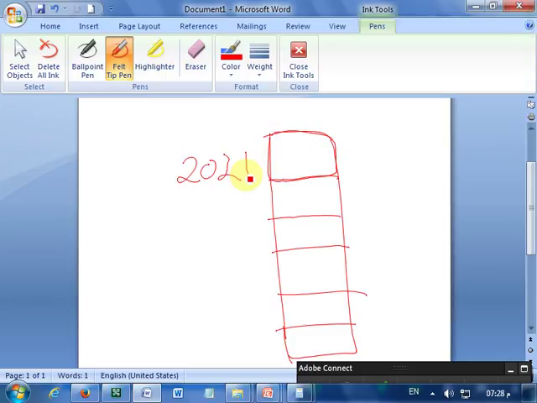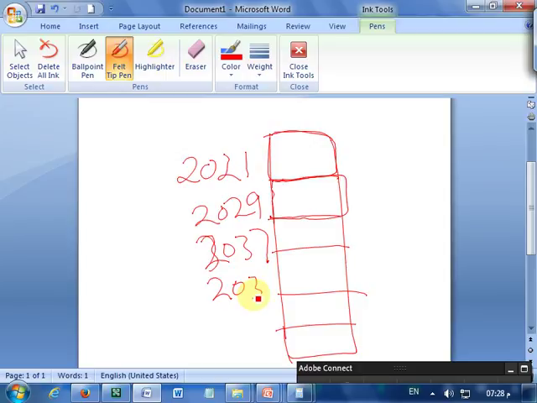Now after this, the next address will be 2021 plus 8, because it is 8 bytes, so it will be 2029, then 2037, and so on.